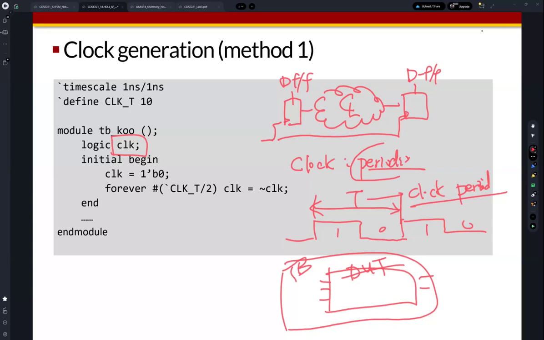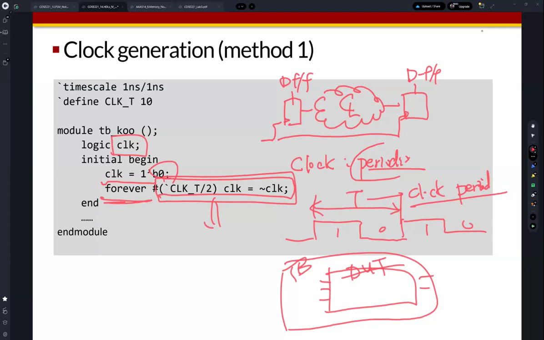Initially, the value of a clock signal is unknown, right? So I define clock is 0 initially. Okay, so this is 0, and then you can find the forever statement. So forever means that the statement after the forever statement is repeated again and again.